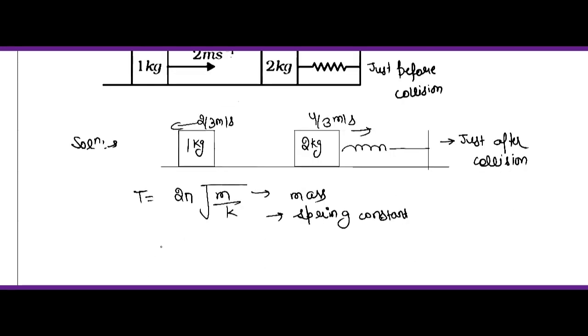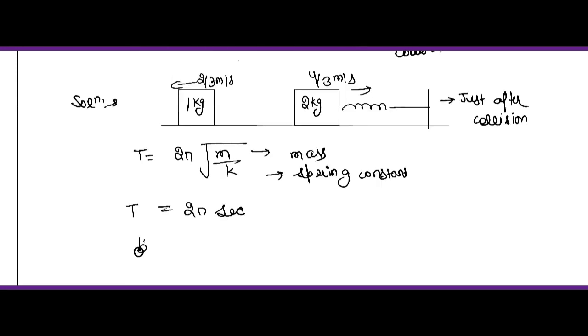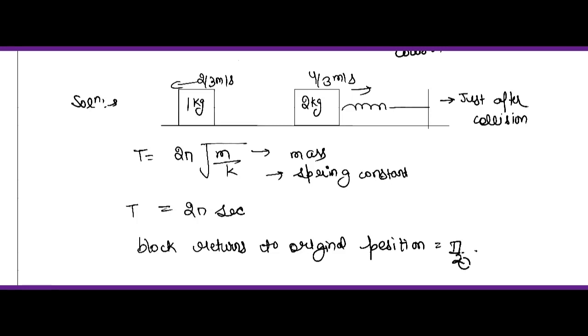So this is equals to 2 pi seconds. The block returns to its original position here. So this is pi by 2, so this is pi seconds here. This is 3 divided by 2 here.